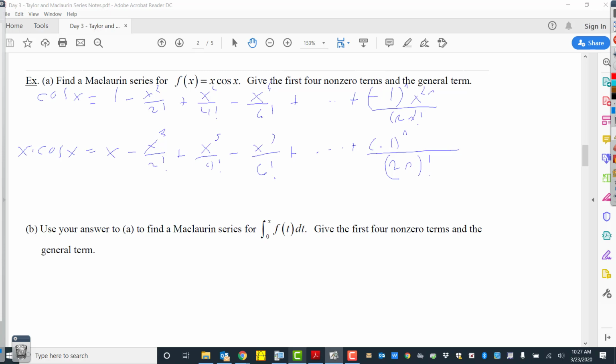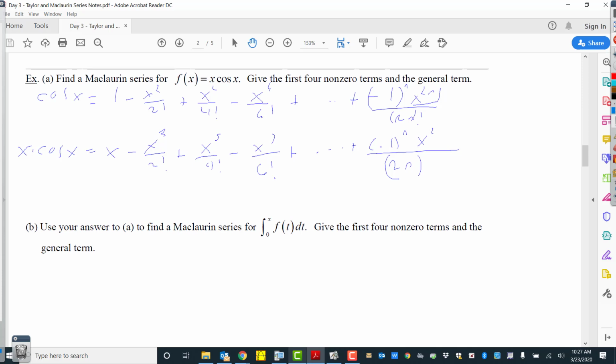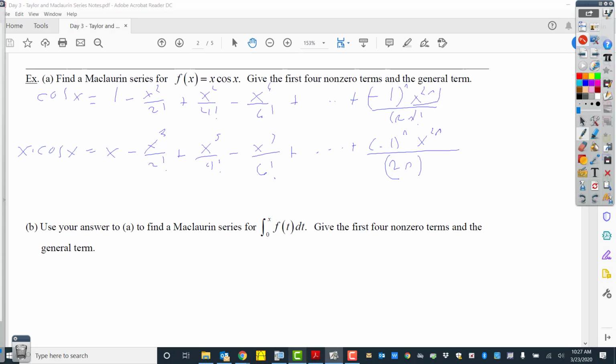The only thing that's changing is we're multiplying in a new x right here. Well, x times x to the 2n gives us x to the 2n plus 1. And there's our new general term.